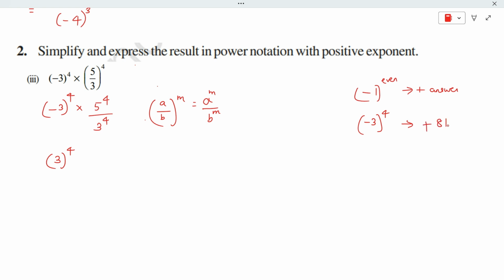Similarly, 3 power 4 also gives positive 81. So instead of minus 3 to the whole power 4, anyway it is going to give a positive answer, I'm changing that negative 3 base to positive 3. So now the denominator 3 power 4 and the numerator 3 power 4 will get cancelled. Finally, my answer is going to be 5 power 4.